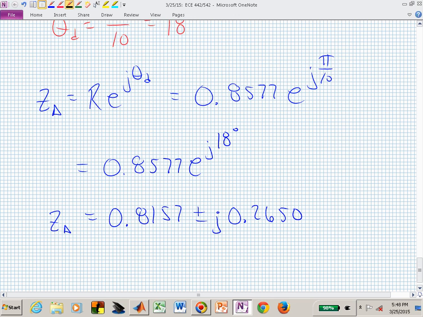Where I've simply used this is r cosine theta sub d, and this is r sine theta sub d. Hopefully I haven't done anything magical.